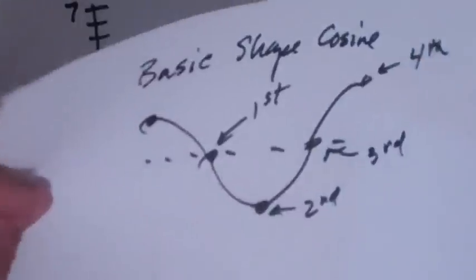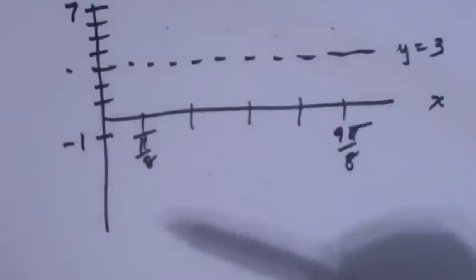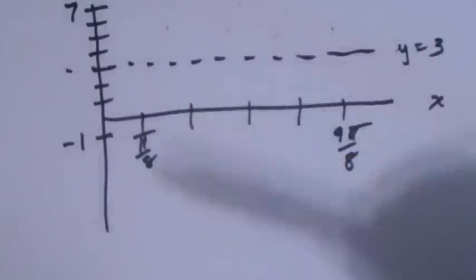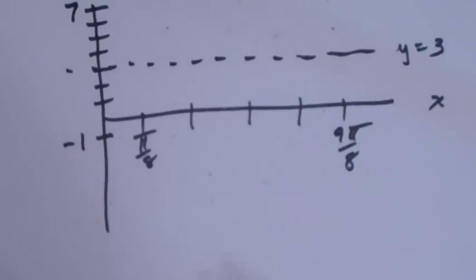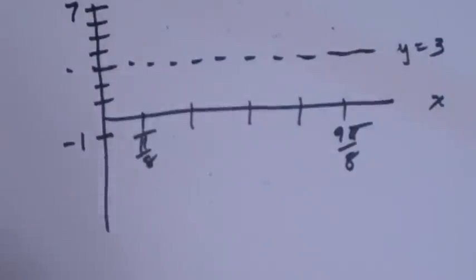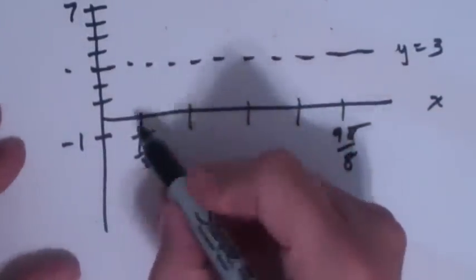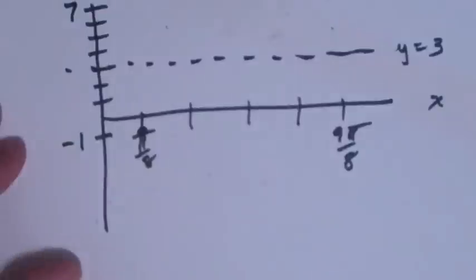Okay, so that's what I'm going to do here. I'm going to draw the basic shape of a cosine around this axis, going up to the 7 and down to the -1, except that this is reflected, because remember, this is a -4. So what's going to happen is, here at pi over 8, where I begin the wave, I'm going to go all the way down to -1, because it's a reflected wave.